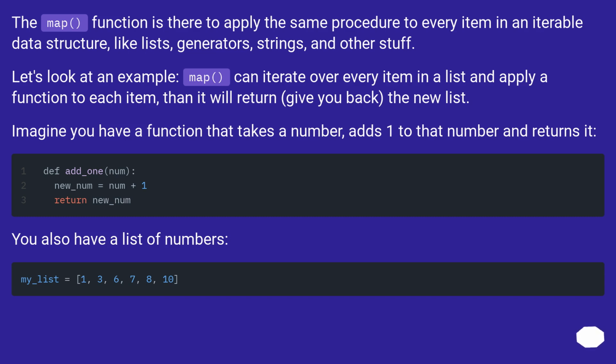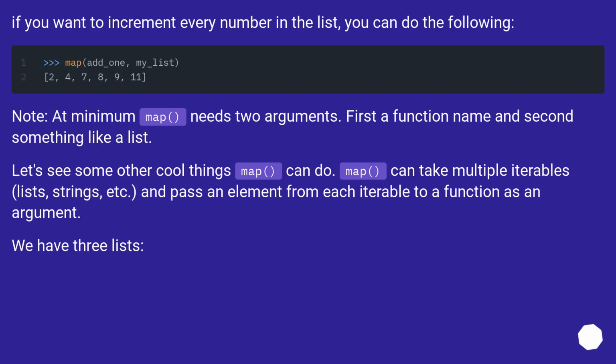Imagine you have a function that takes a number, adds 1 to that number and returns it. You also have a list of numbers. If you want to increment every number in the list, you can do the following.